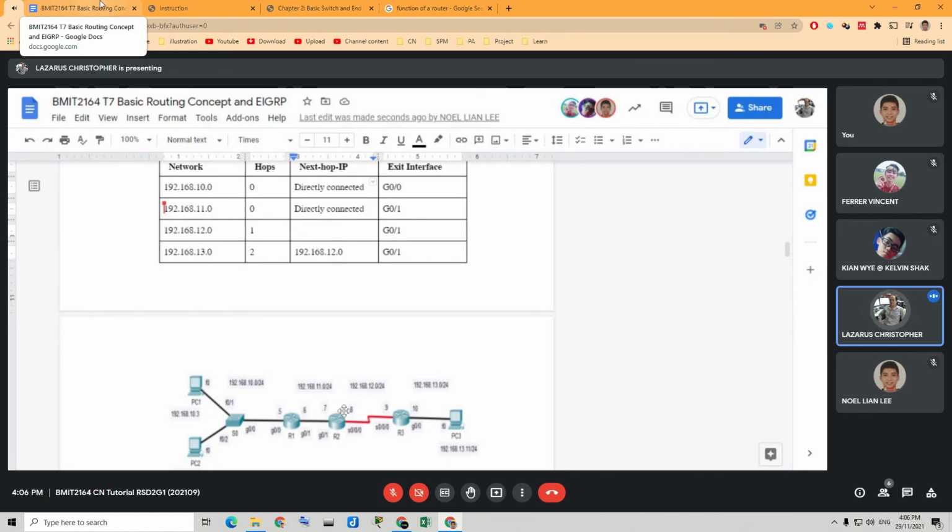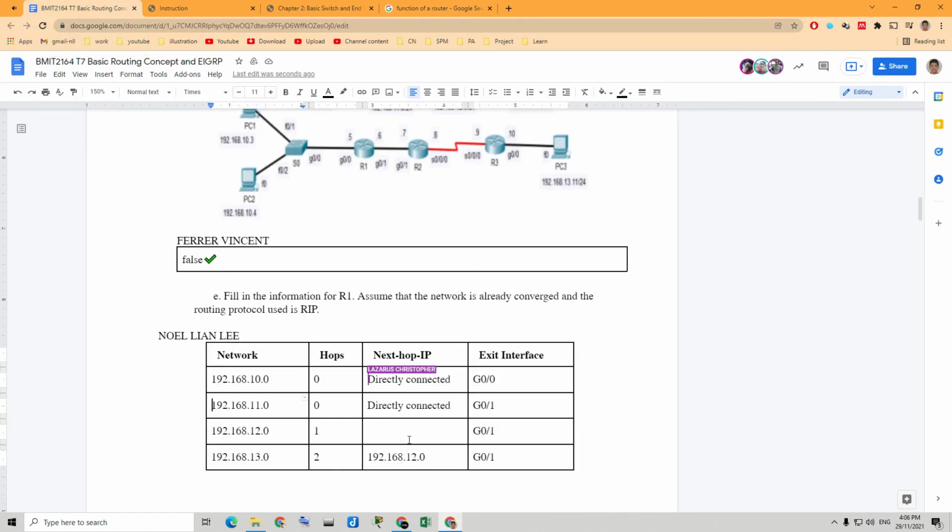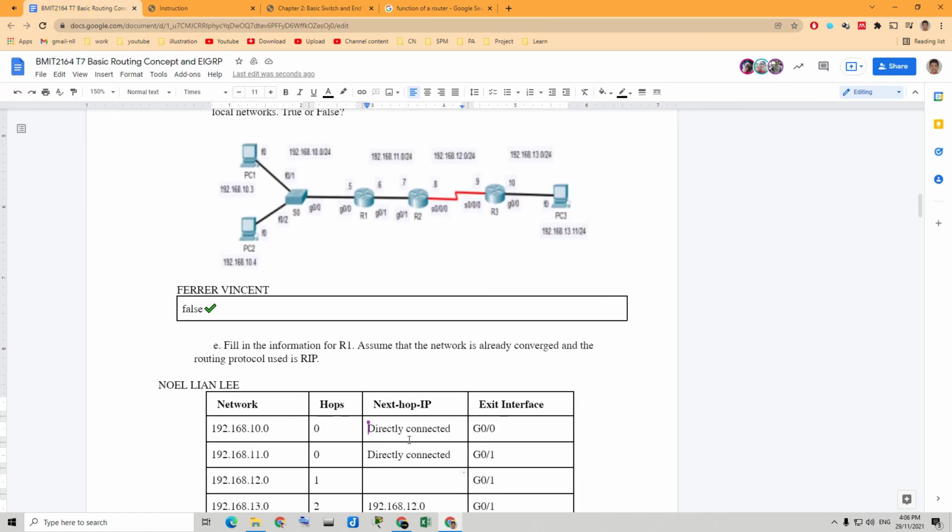The next hop is R2, and R2's interface is dot 7, which you can see there. So the next hop IP is the IP attached to R2, which is 192.168.11.7.